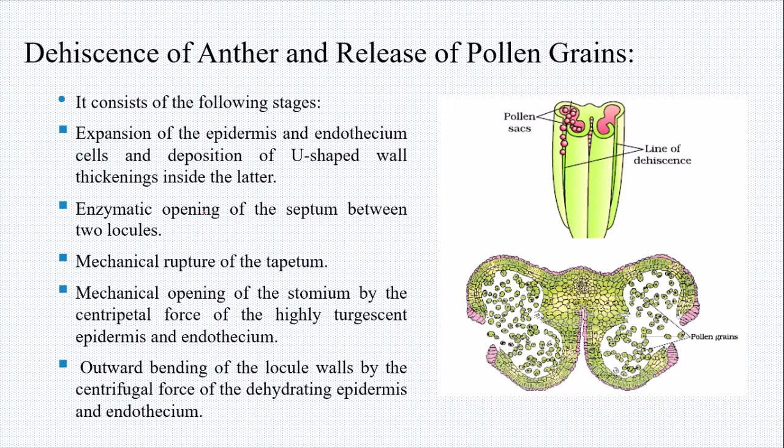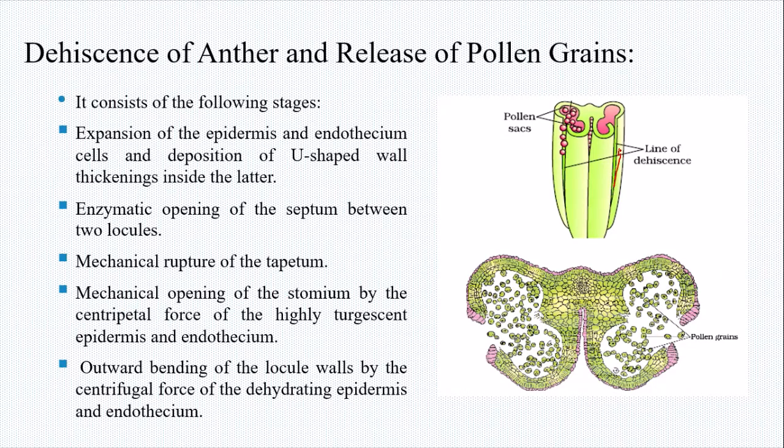Here, all the microspores which were earlier divided by septums or cells get fused to give rise to only two microsporangium. Then the enzymatic opening of the septum between two locules takes place, and the mechanical rupture of the septum takes place.